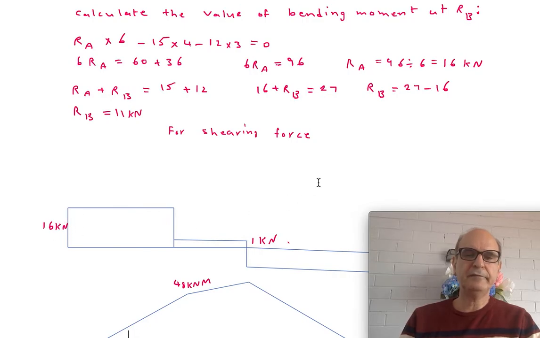Starting from the left, the only force acting is RA, which is 16 kilonewton, and this force keeps acting until the next force, which is 15 kilonewton, comes in, and then this reduces it to 1, because 16 minus 15 is 1, so this is 1 kilonewton shearing force.